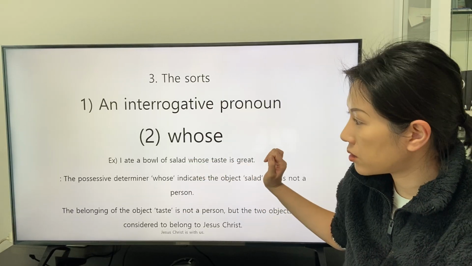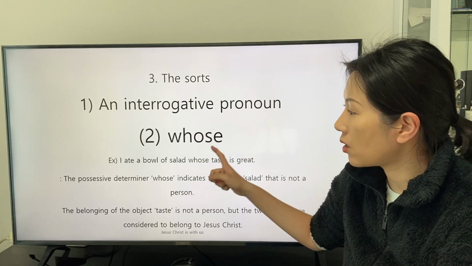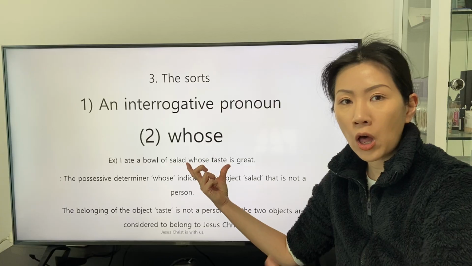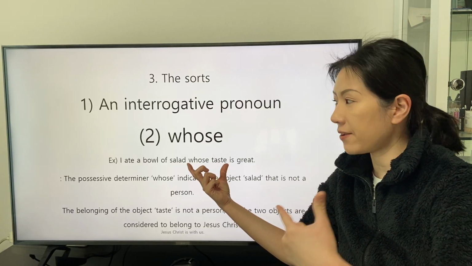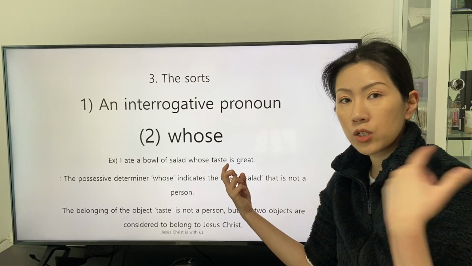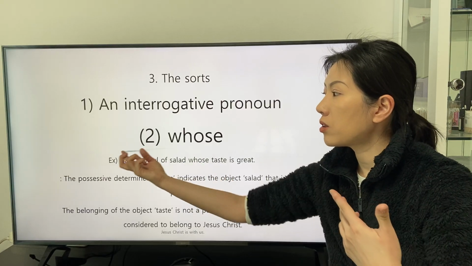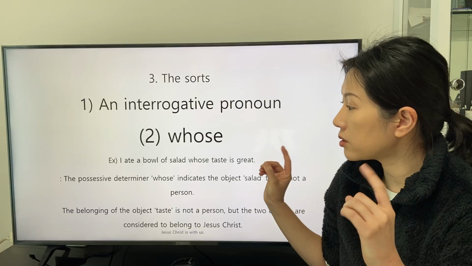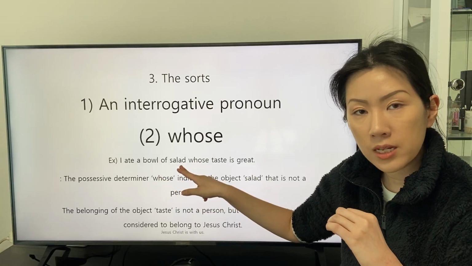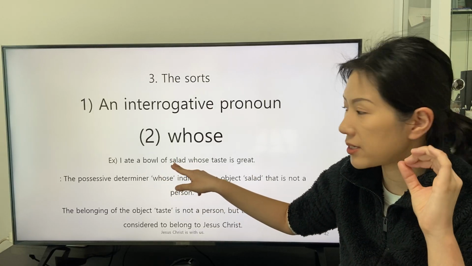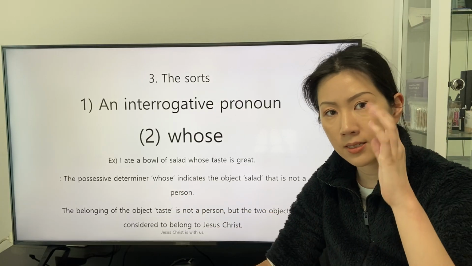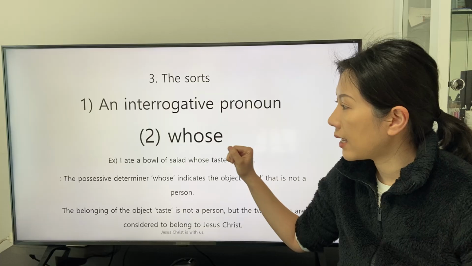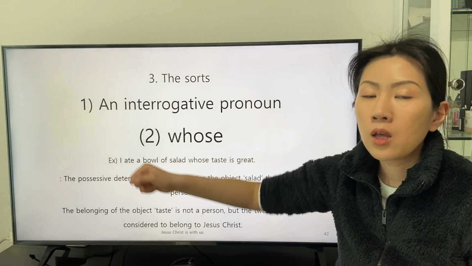In this sentence, the relative determiner whose links the phrase whose taste to the main clause, because a bowl of salad, especially the word salad, is common in the subordinate clause and the main clause.